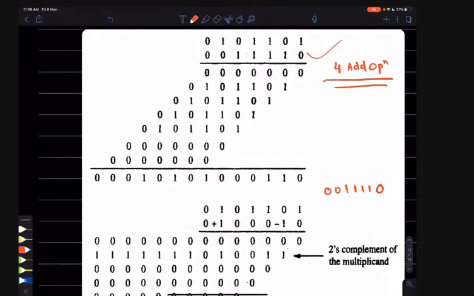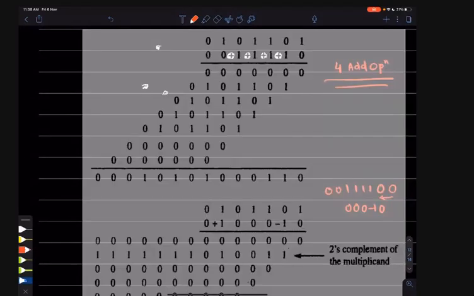So how to code it? Put an extra 0 here on the right side, then scan from right to left. 0, 0 is 0. 0, 1, going up, means minus 1. 1, 1 is 0, 1, 1 is 0, 1, 1 is 0. 1, 0, going down, means plus 1.